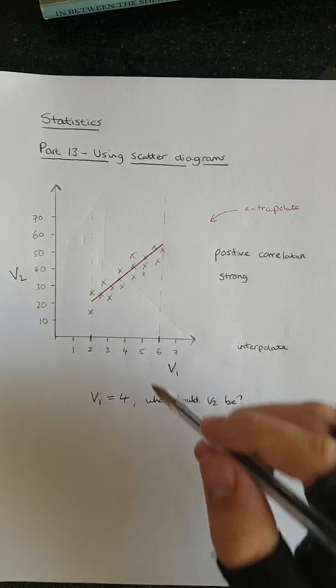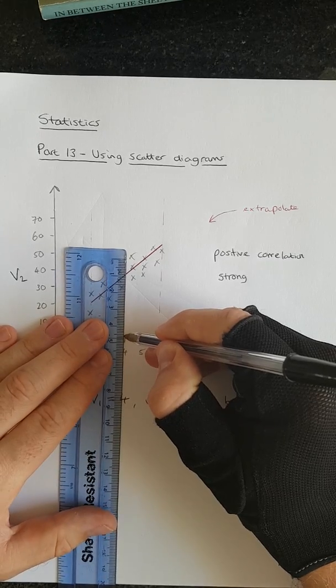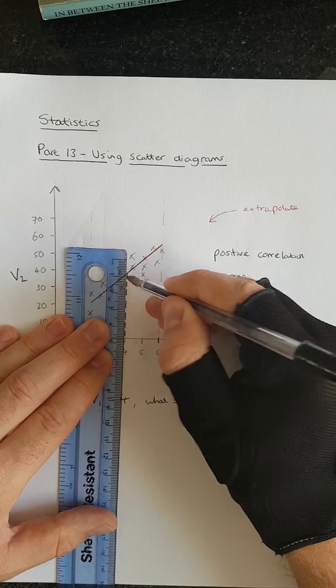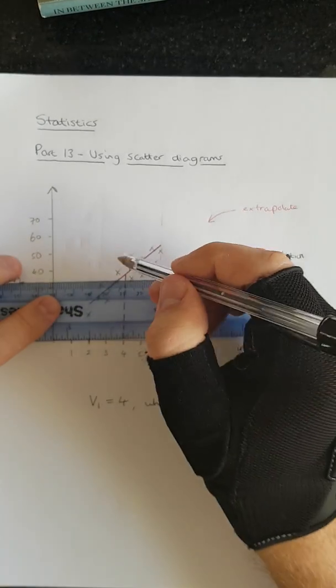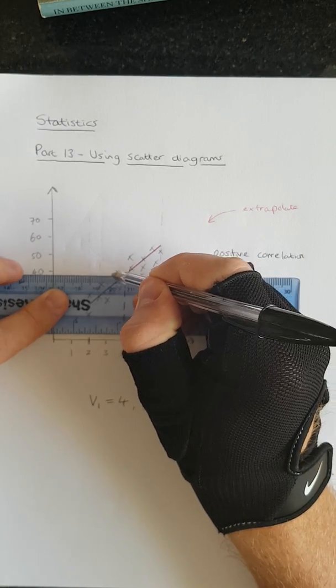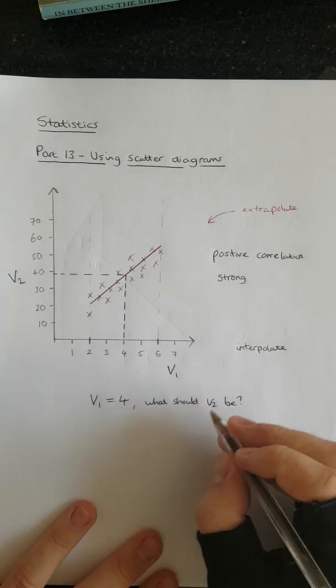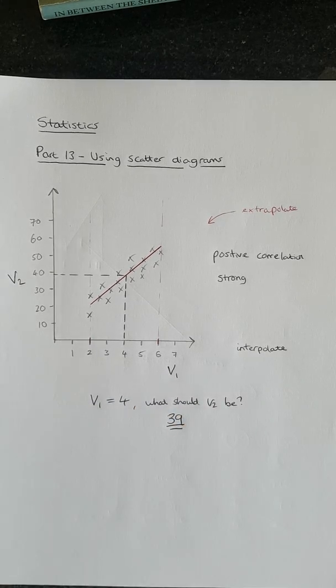So, I'm going to go to 4 on variable 1, and I'm going to look up to the line of best fit. I'm then going to look across to the value that gives me for variable 2, which looks to me like 39.